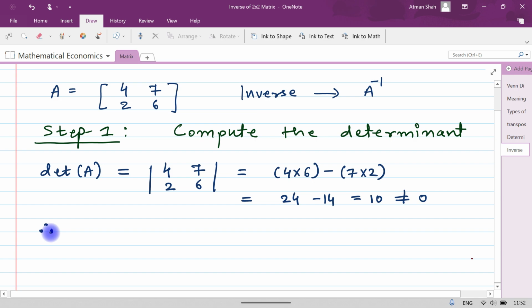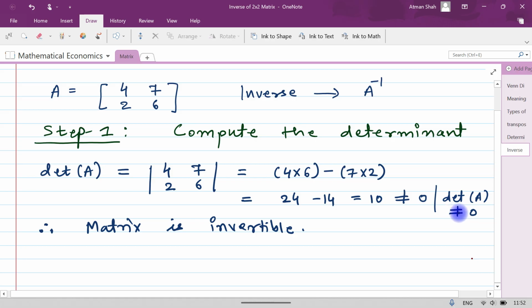Therefore matrix A is invertible. So this is the required condition, that determinant of A must not be equal to 0. So this is step 1.